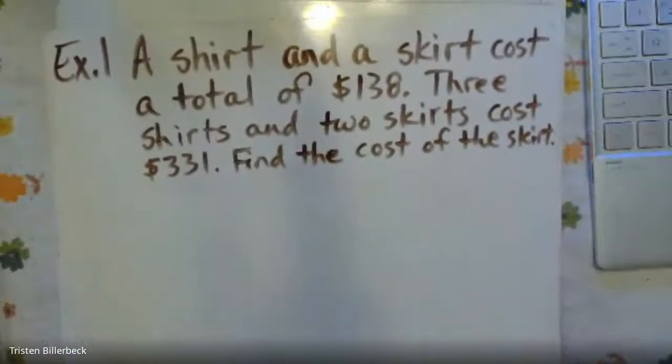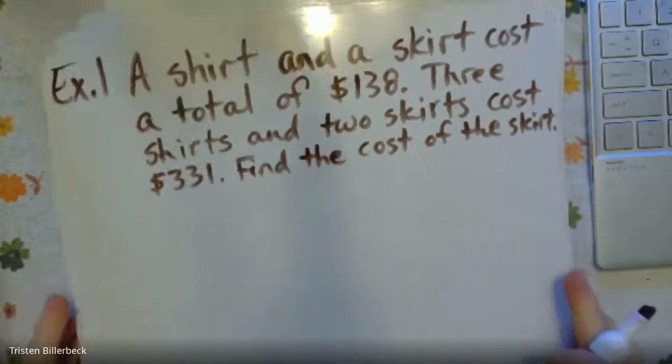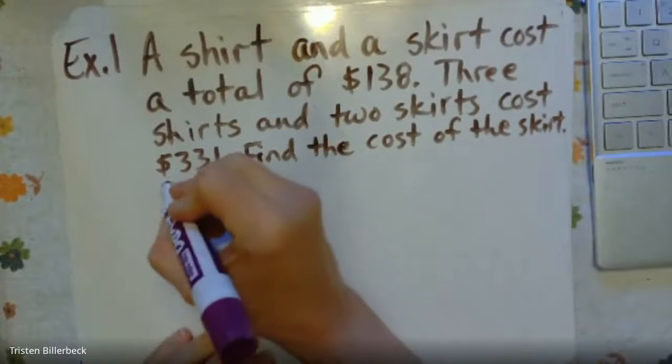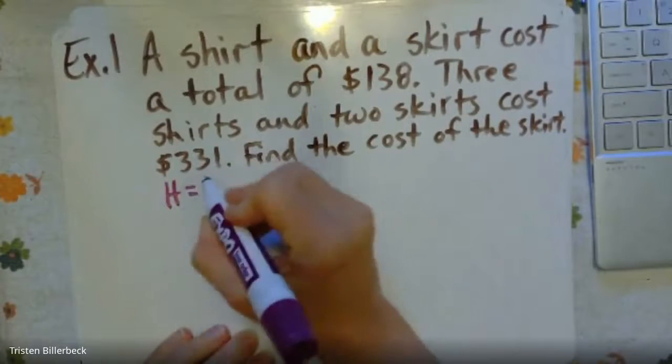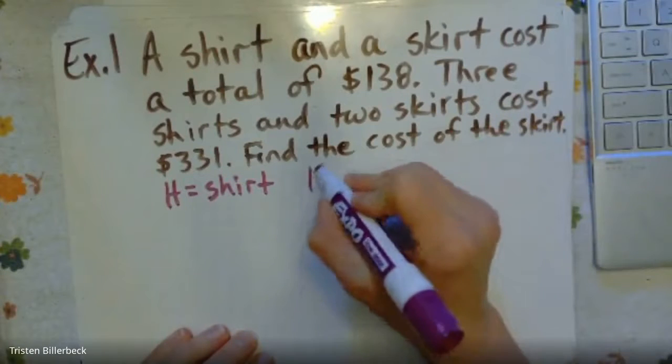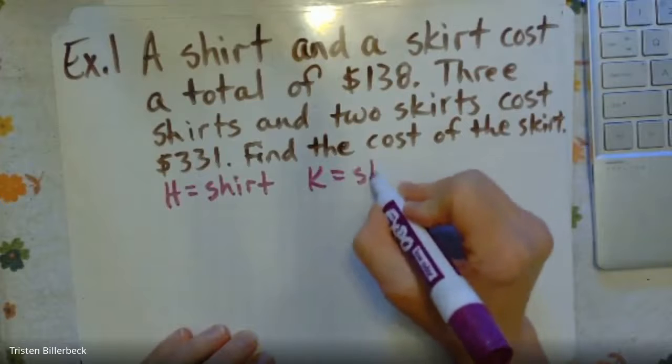Let's try the next one. So the next one, we have a shirt and a skirt, and they cost a total of $138. So I'm going to call H the shirt, and I'm going to call K the skirt.